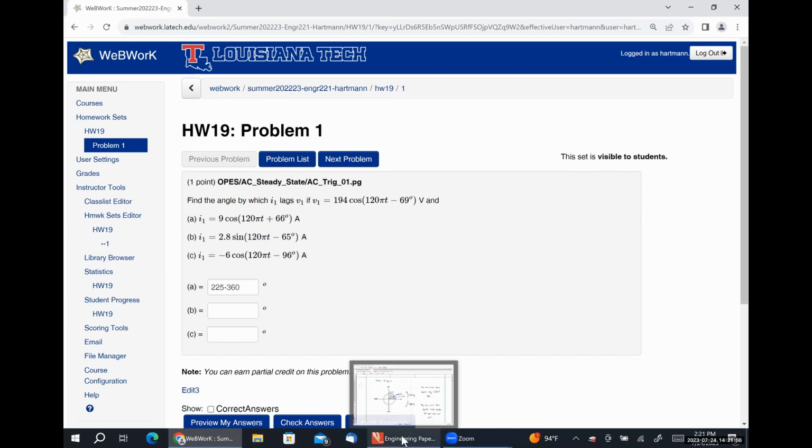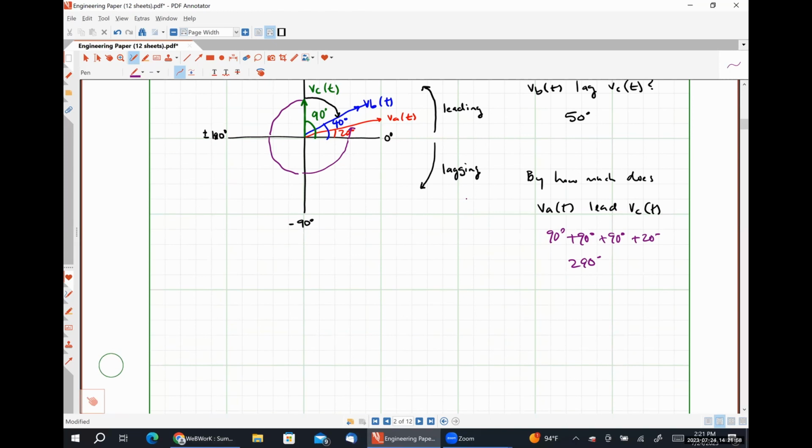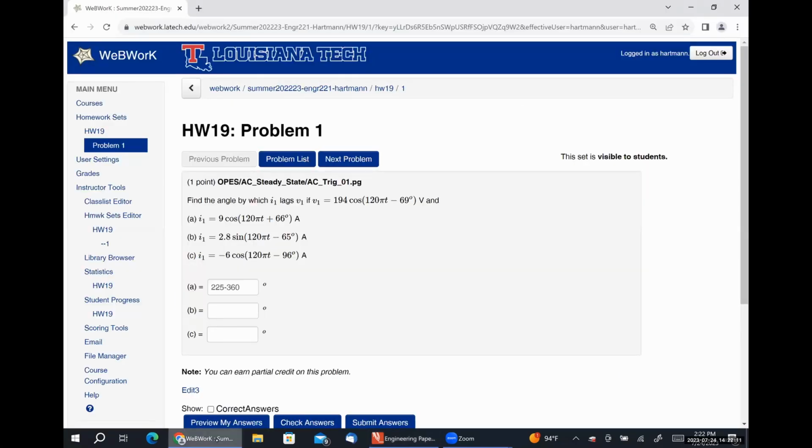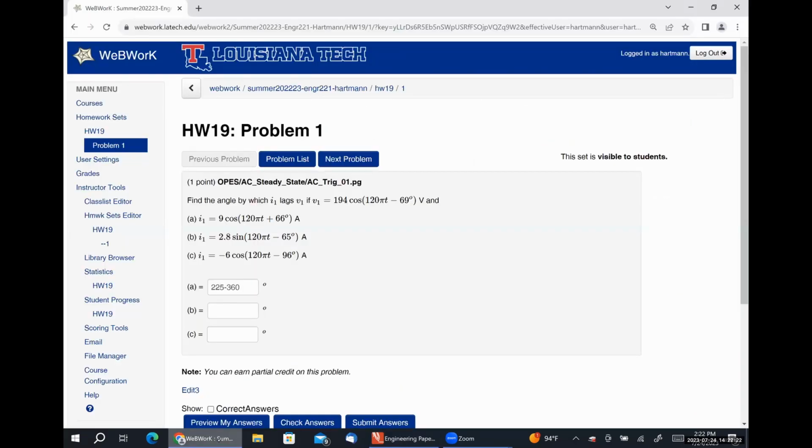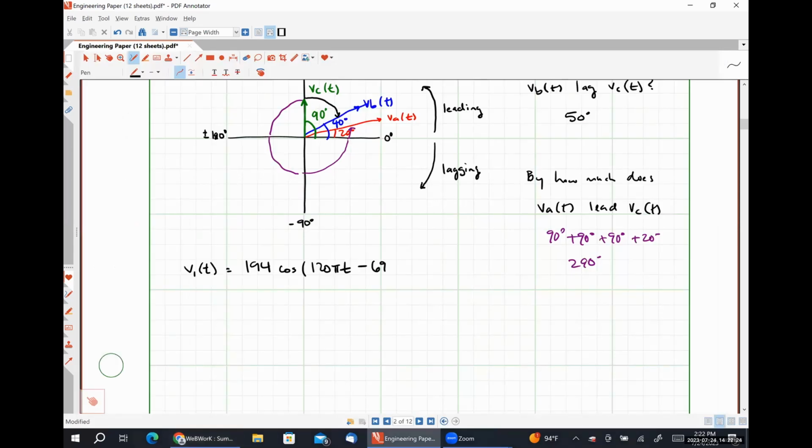We're told that V1 of t is 194 cosine(120 pi t minus 69 degrees) volts.